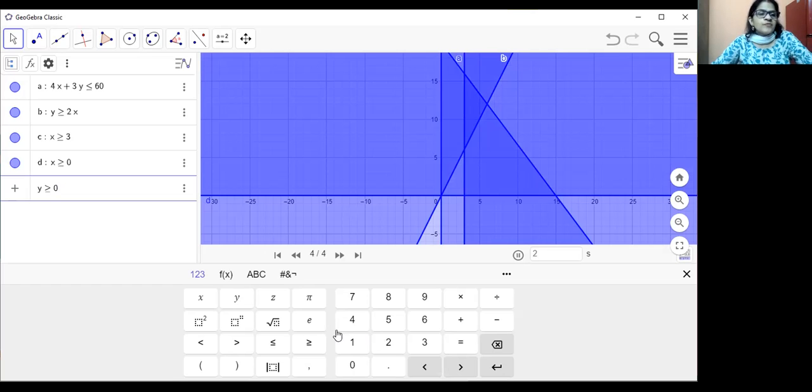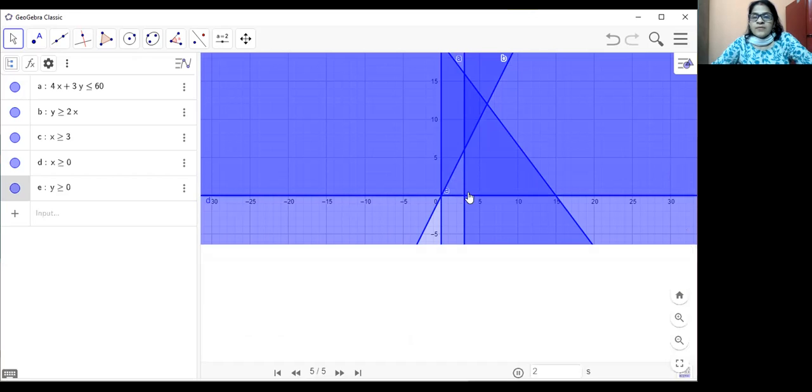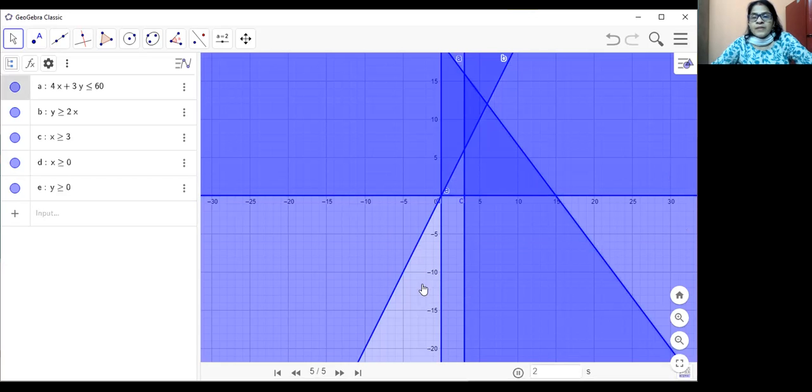So which portion should we consider? You can see, we have to take the first quadrant only. This is your x equal to 3. So we have to consider only the first quadrant. So it means it's basically this triangular portion.